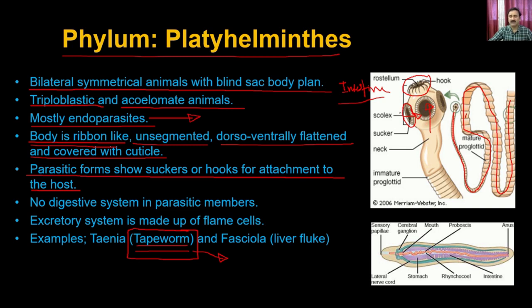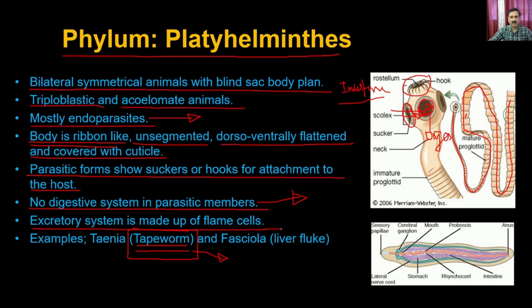They can damage the wall of the intestine and directly suck blood from human beings, or take up the digested food from the human. That's why they don't have a well-defined digestive system, because they don't require one, because the food they take from humans is already digested.